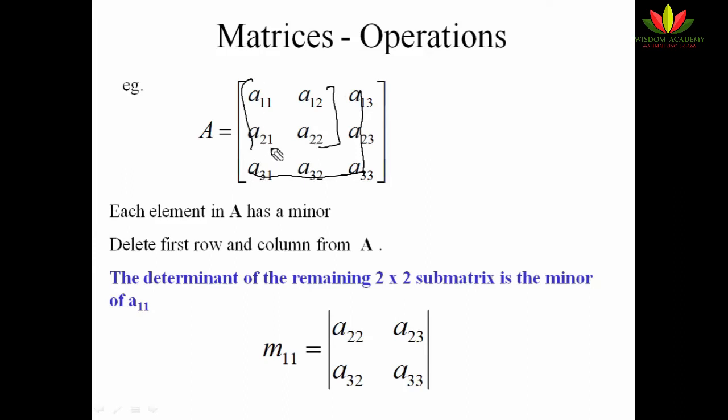Using these 4 elements, we know how to find the minor of a 2 by 2 matrix. So this is how we find the minor for a 3 by 3 matrix. Anyway, I will teach you one new sum using numbers, then it will be more clear.